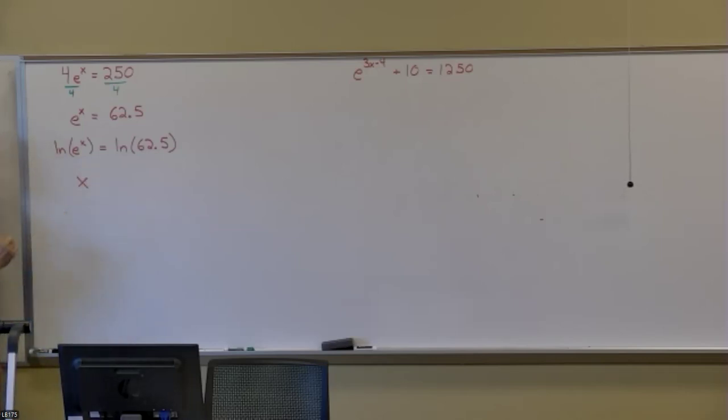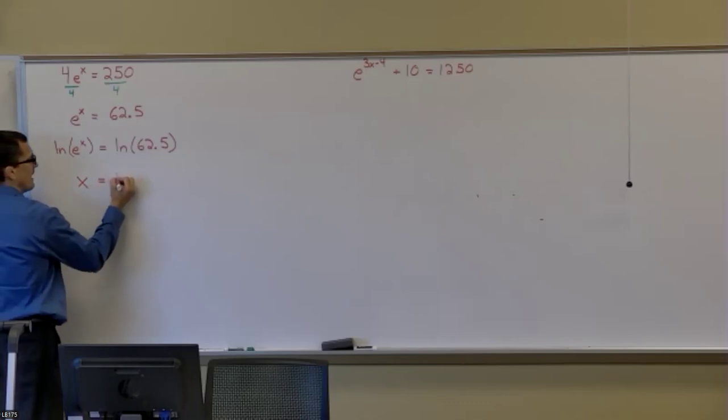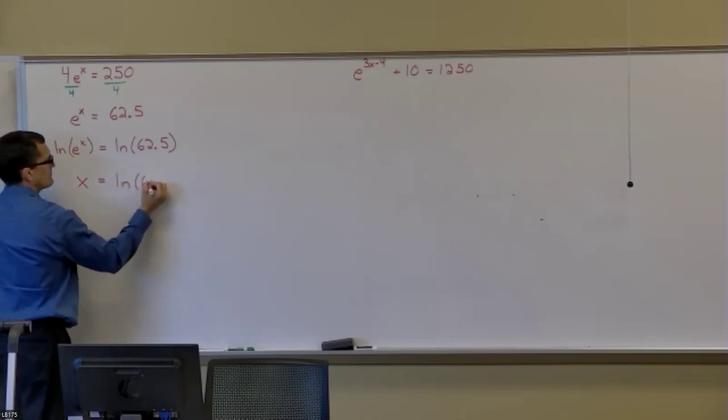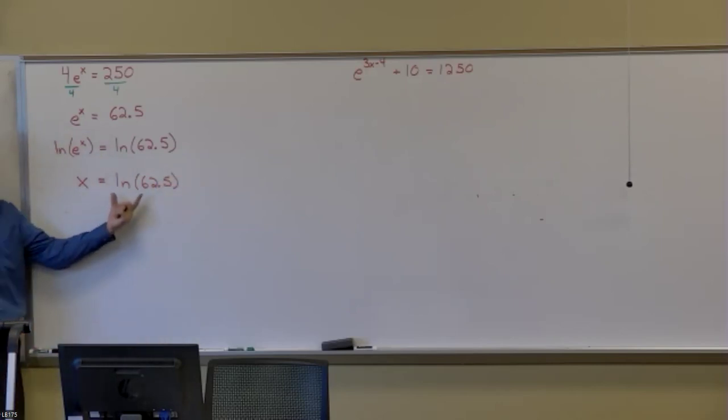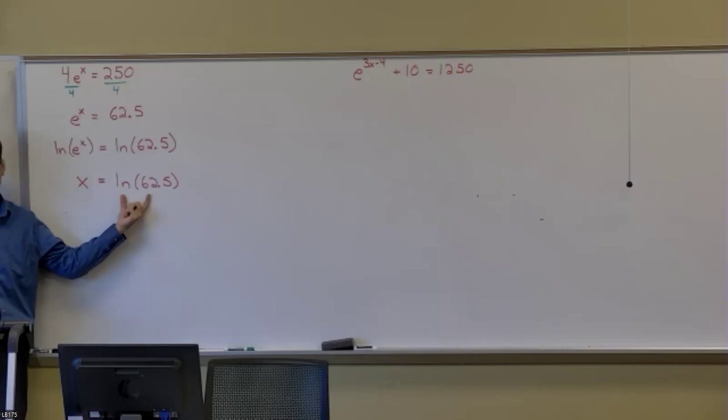That's the rule I was just talking about a moment ago. Log base e of e to the x just gives me x. And on the right-hand side, I get natural log of 62.5. Now, this is the final exact value answer. You can obviously get an approximate answer, which is what Moodle's going to ask you for, by plugging this number into your calculator.